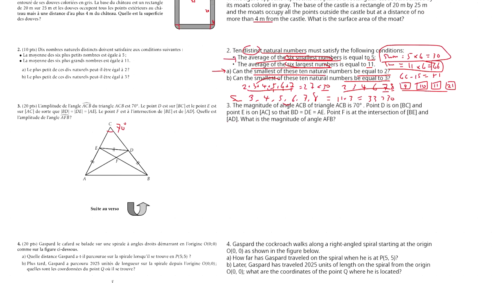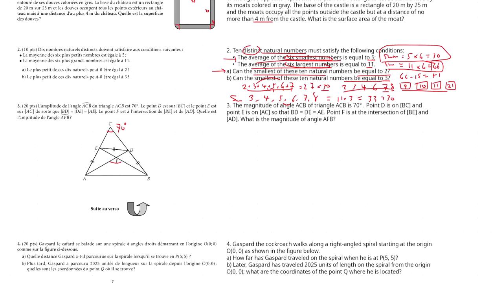It states that the angle C is 70 degrees, and there are three segments which have the same length, BD, DE, and AE, right? And it is asking what is the size of the angle AFB.